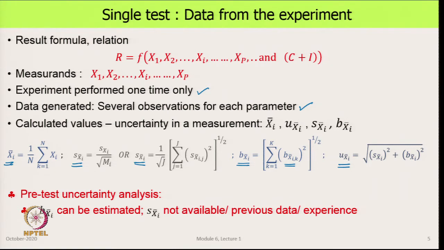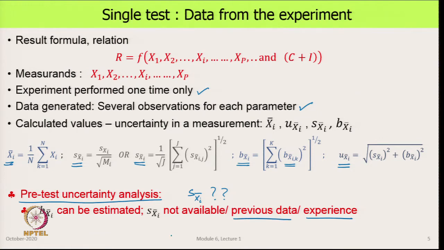The thing is that in post-test uncertainty analysis, we have all the data to do all these calculations. In pre-test uncertainty analysis, we do not have the data. So, we have a problem, we cannot calculate S X I bar. The random standard uncertainty is in doubt. Either we estimate it based on our experience, or if we have some idea of previous data, we can adopt it from there.